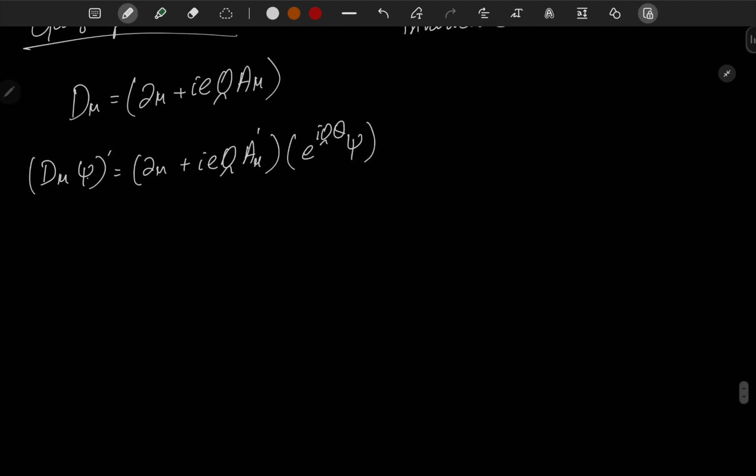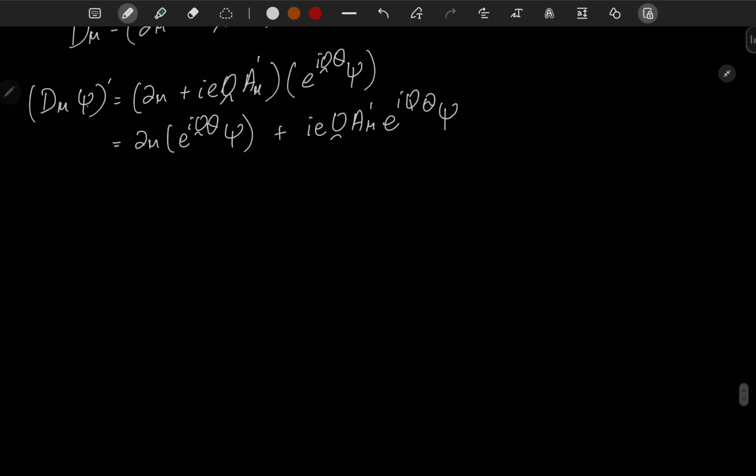Okay, let's do this: d mu of e to the iota q theta psi, so we apply the chain rule on this term, plus i e q a mu prime e to the iota q theta psi.